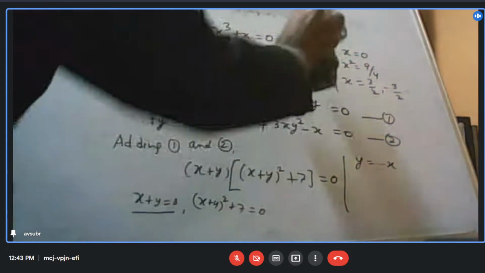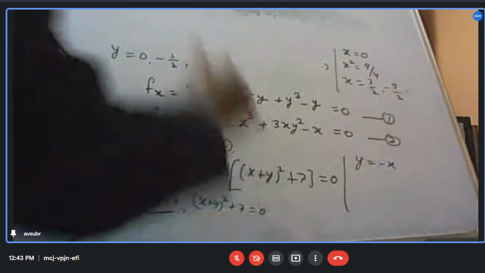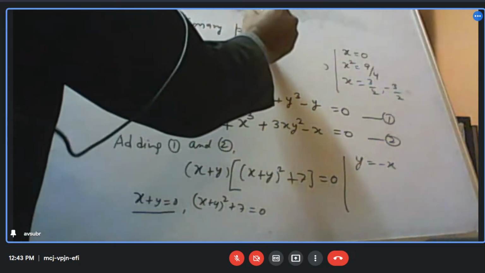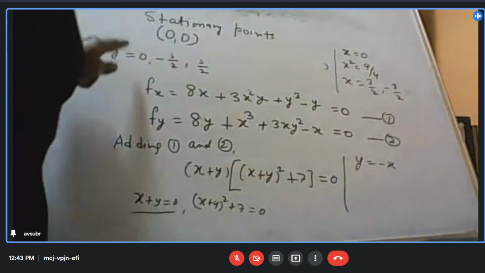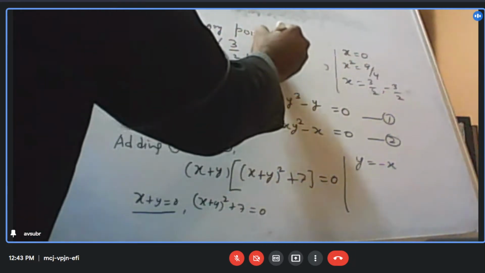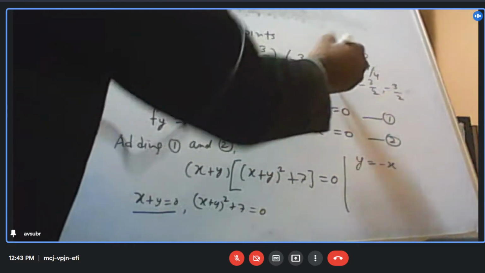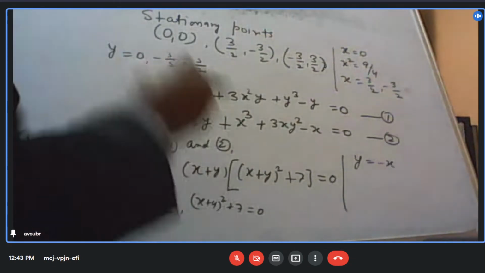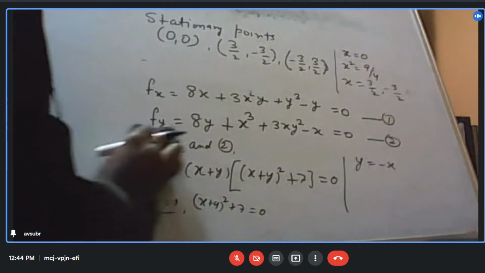So we got the stationary points or critical points: 0, 0, because when x is equal to 0, y is equal to 0; when x is equal to 3 by 2, y is equal to minus 3 by 2; and when x is equal to minus 3 by 2, y is 3 by 2. So the stationary points we have been able to determine. I think there is no issue till now.